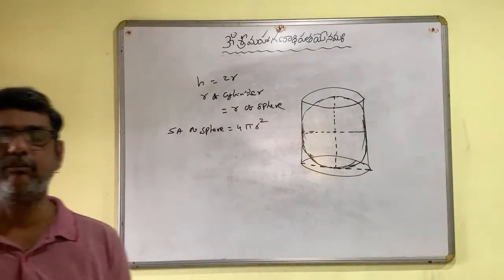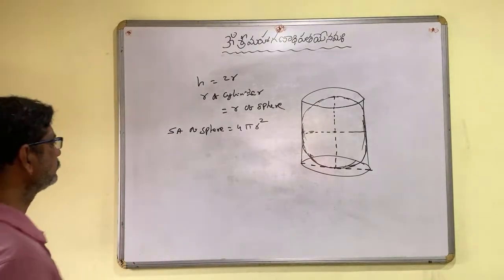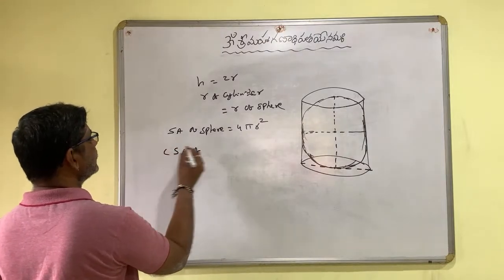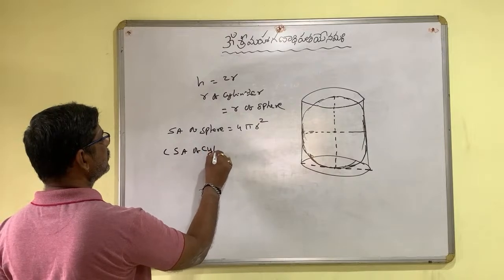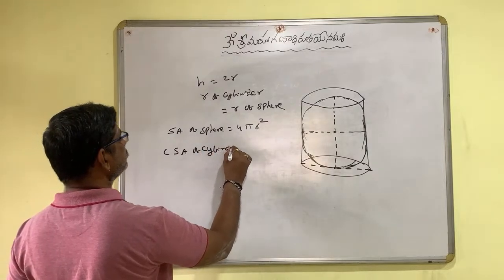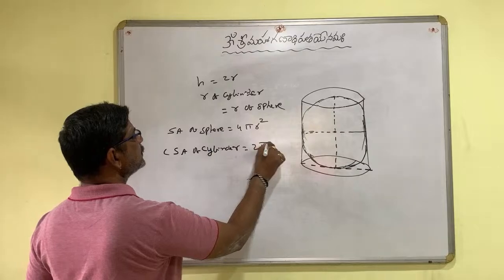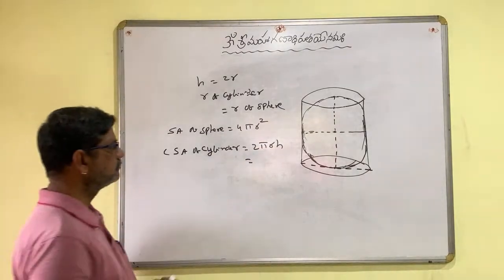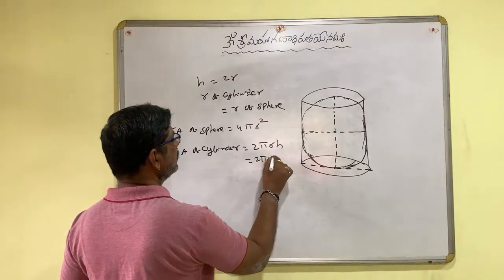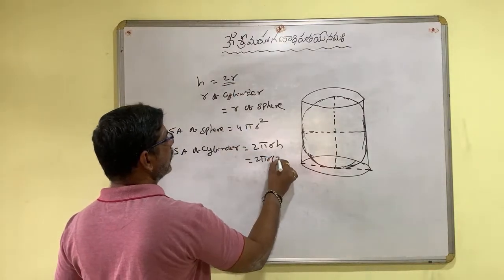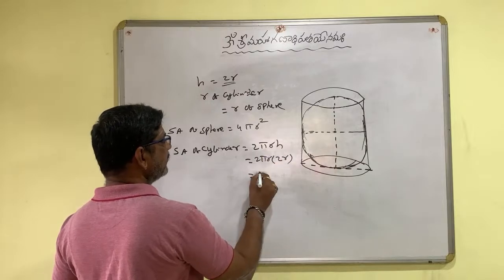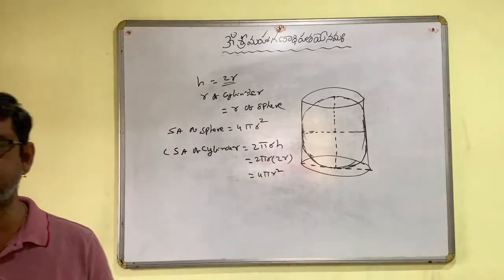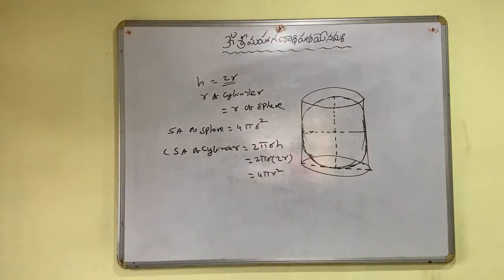Now the curved surface area of the cylinder, we know it is 2 pi r h, but h is nothing but 2r. When we simplify this, we get 4 pi r square.